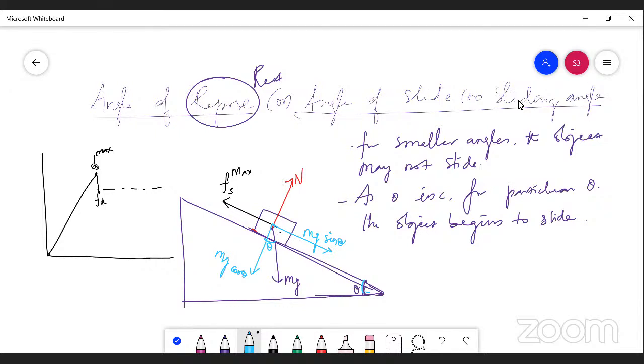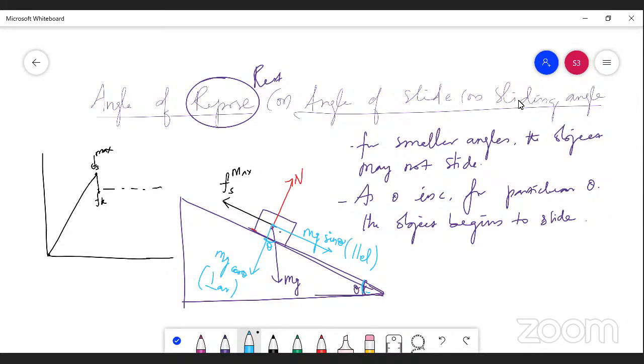One is the parallel component to the inclined plane, which is mg sin theta, and mg cos theta is the perpendicular component to the inclined plane. See, what is the reference here? Inclined plane. So with respect to the inclined plane, mg sin theta is the parallel component and mg cos theta is the perpendicular component acting on the block.